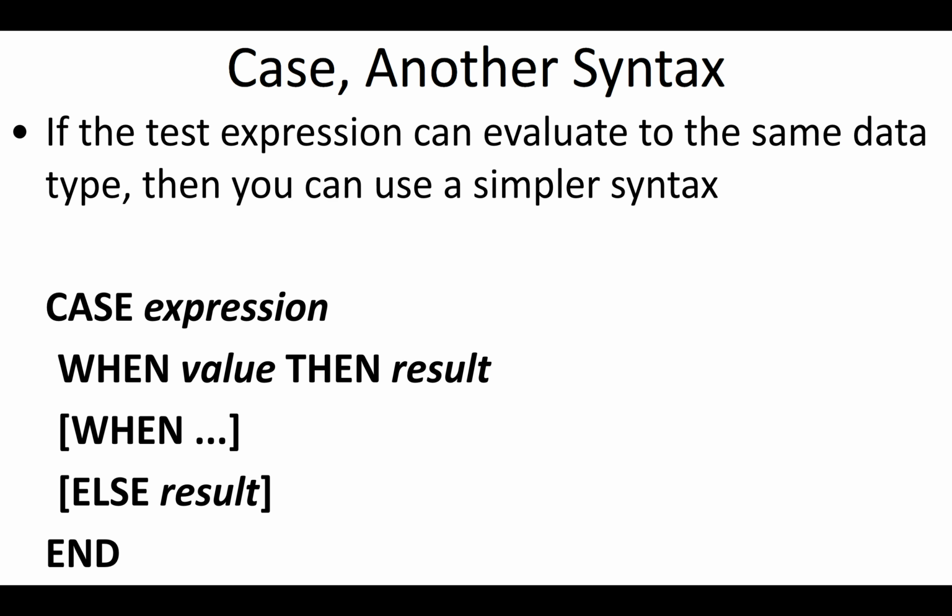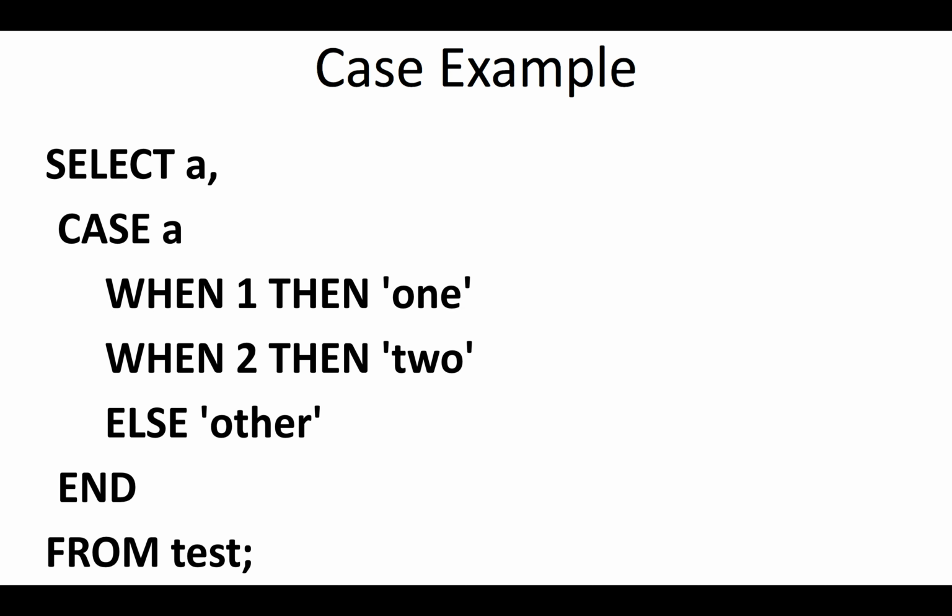Just like a switch case. So that could be a constant that gets compared against multiple values, and if it's equal to one of them, then you can return the result. So here it is. You can rewrite the same thing we had earlier, and compare A against 1, 2, and then have the else other.